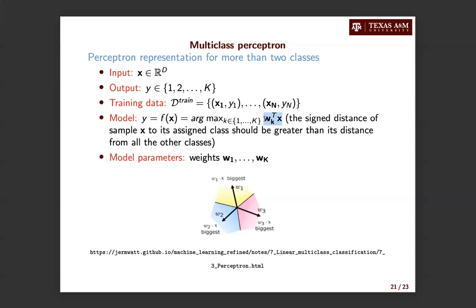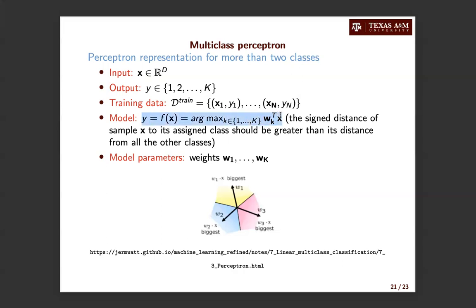So if we have k classes and these are represented by a vector wk, their inner product, this w transpose x, represents the signed distance of sample x to the corresponding class k. Now we would like our sample x to be as far as possible from the boundary of that class, because in this way we will know that our sample X, first of all, is on the right side of the boundary, and it is as far as possible from the boundary of the corresponding class.